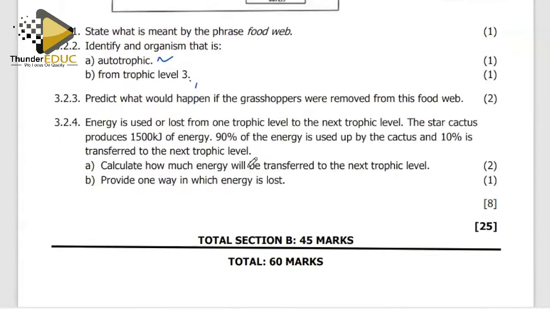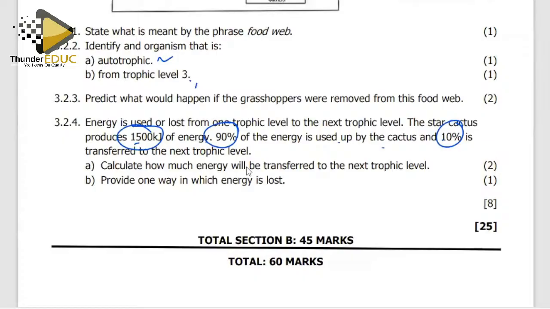Then they're saying that energy is used or lost from one trophic level to the next trophic level. The star cactus produces 1500 kilojoules of energy. 90% of the energy is used up and only 10% is transferred to the next trophic level.